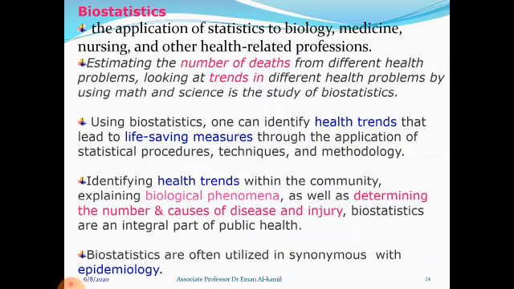So it is important to detect the difference, and how we can improve that. Biostatistics is synonymous with epidemiology, using numbers to detect health problems in order to improve the health status.